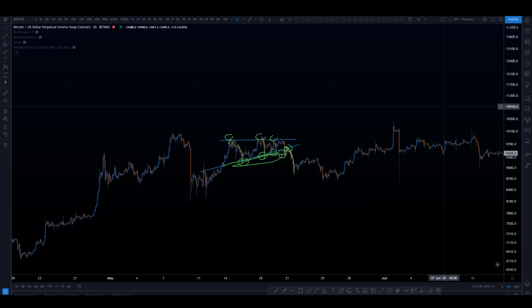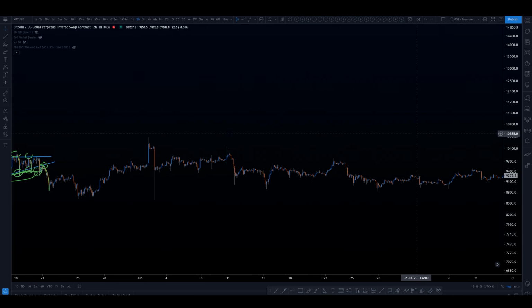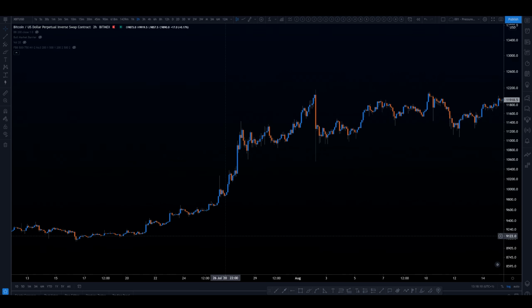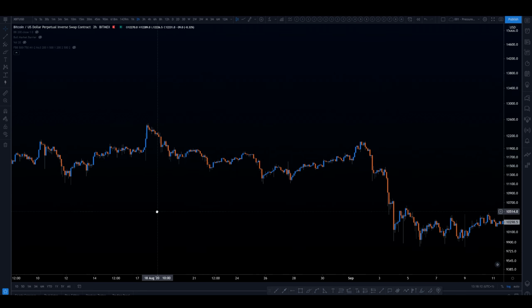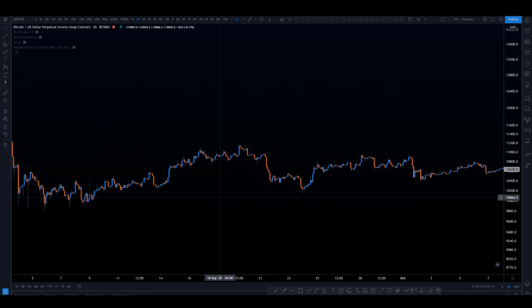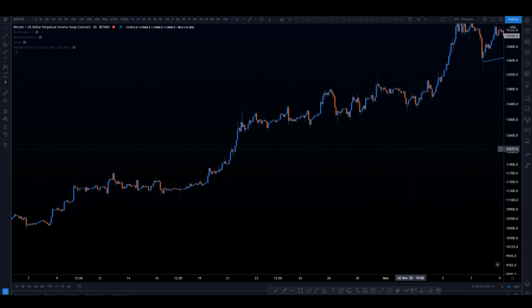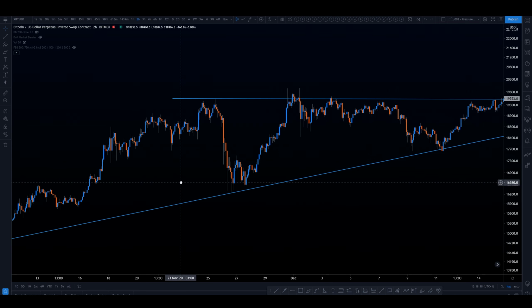Because a falling wedge or a rising wedge, usually they are told to be... a rising wedge is considered a bearish pattern, but it is not. It's a neutral pattern, and you have to learn how to read it, and what side is actually stronger.